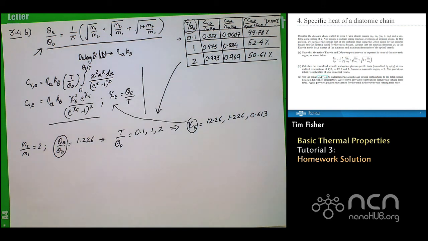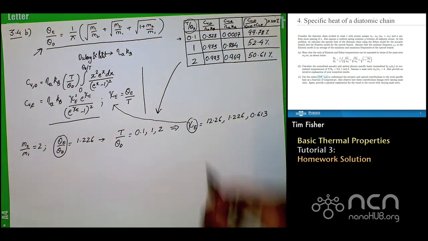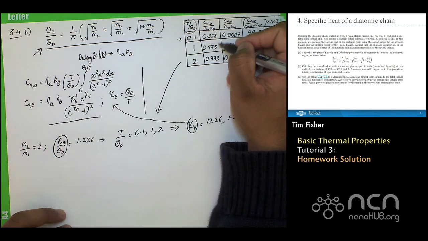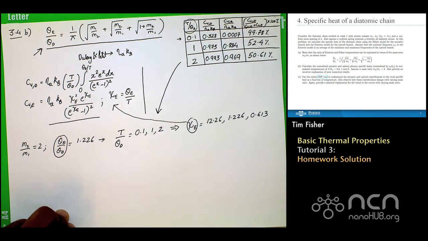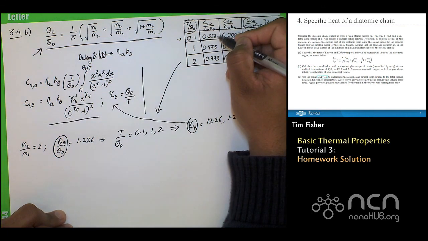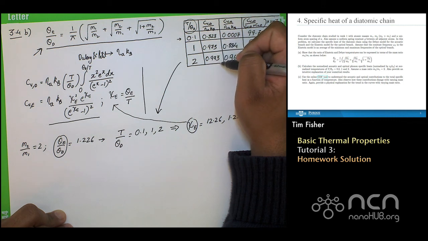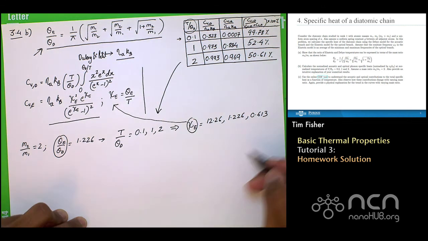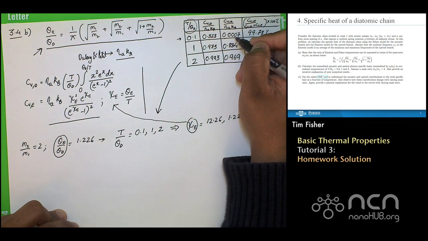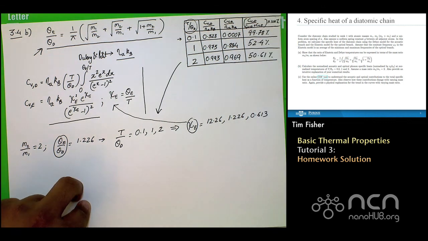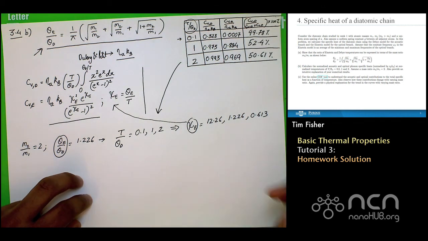So there are a lot of interesting things to note here from this table and from these calculations. The first one is that as the temperature increases and as it tends towards the Debye temperature and even beyond it, the Debye specific heat tends towards the Dulong and Petit specific heat, which is eta A k_B. Also, note that at very low temperatures, the contribution of the optical phonon branch to the specific heat is very low.